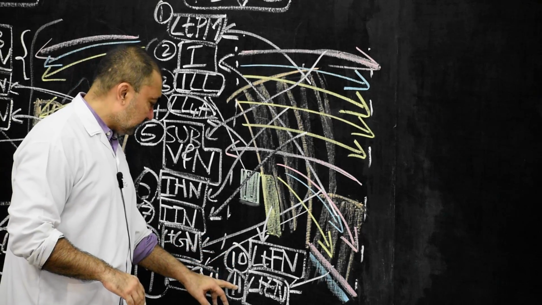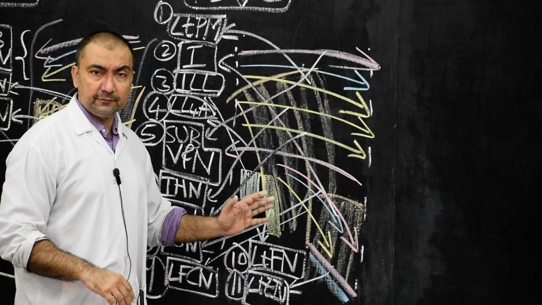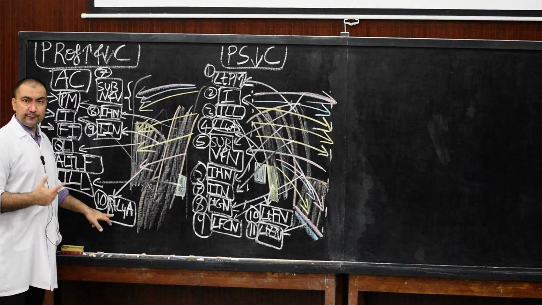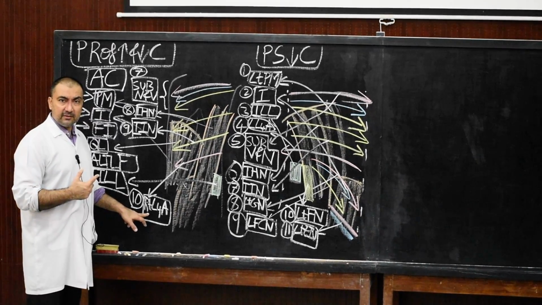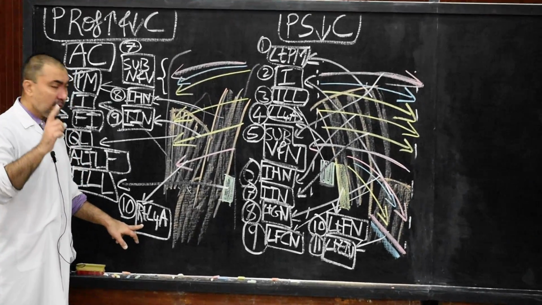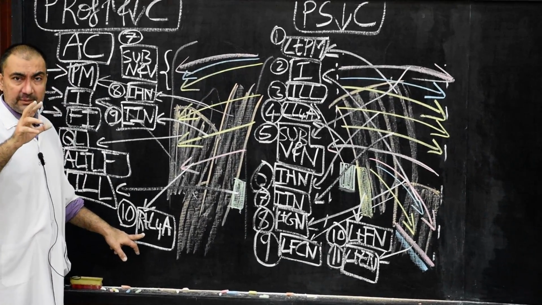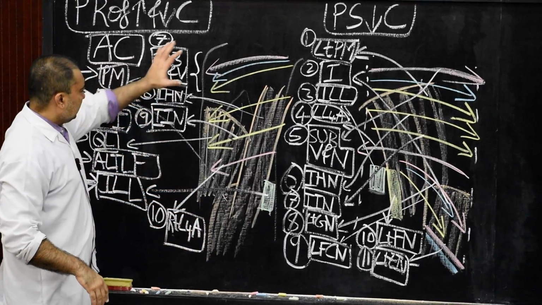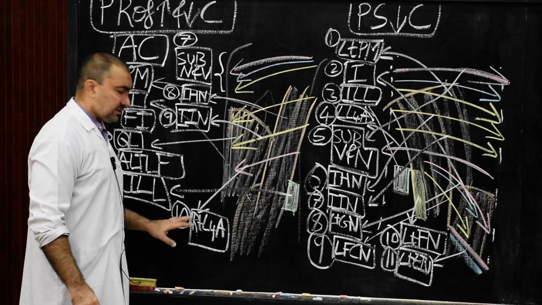So altogether 11 structures in posterior surface of descending colon, and 10 structures in posterior surface of ascending colon. Now one structure is common to both of them. Not common, but rather it is right and left. Please come on this side. This is the ascending colon, 10 structures are there.